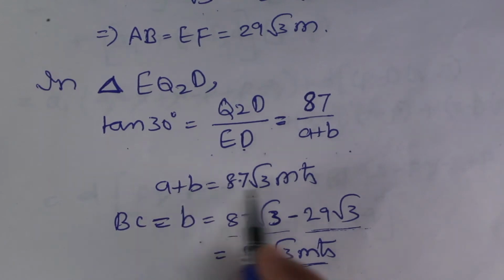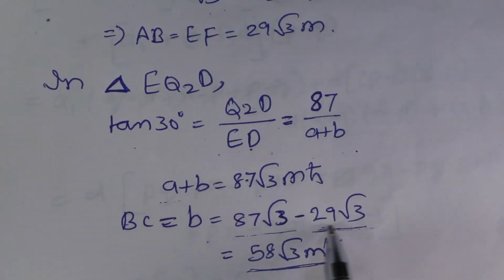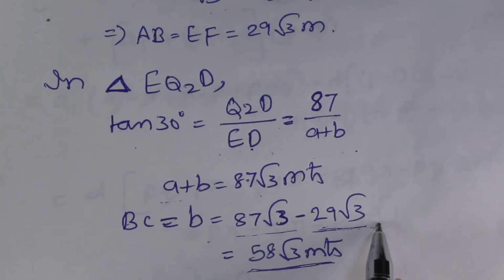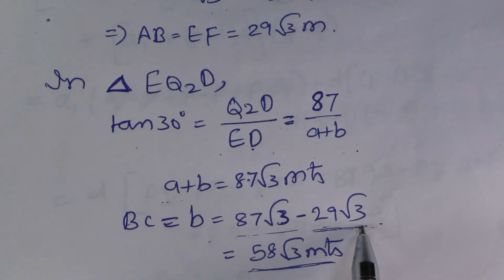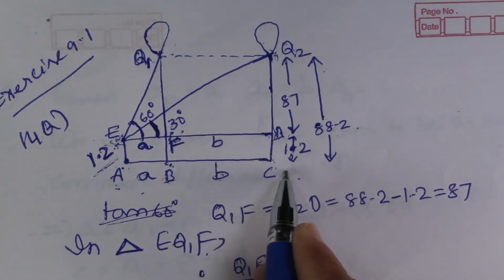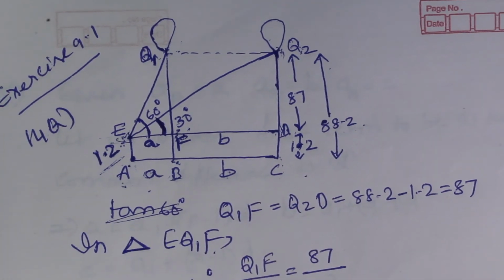So a plus b becomes 87 root 3 meters. Now we know the value of a, right? From the first triangle we got the value of a as 29 root 3 meters. So I have substituted 29 root 3 here and got the value of b as 58 root 3 meters. So the distance travelled by the balloon is BC, that is equal to small b, that is equal to 58 root 3 meters. Hope this is clear for you.